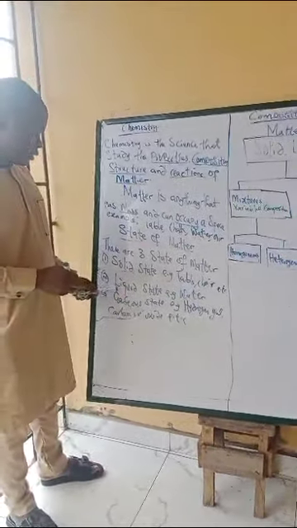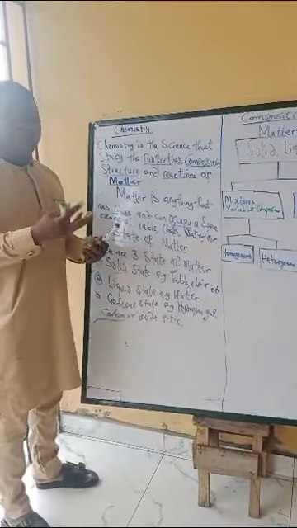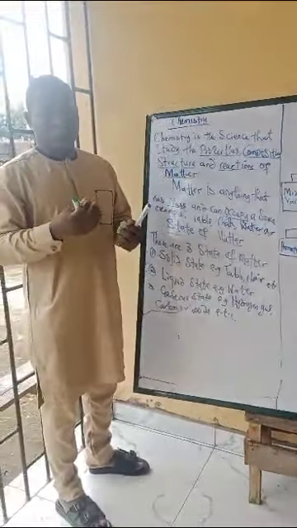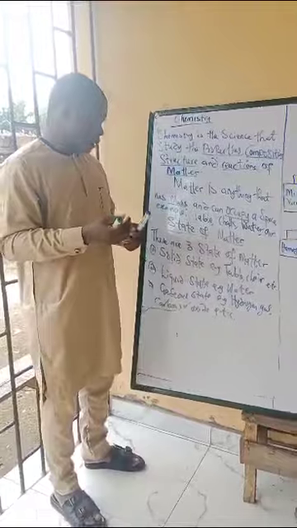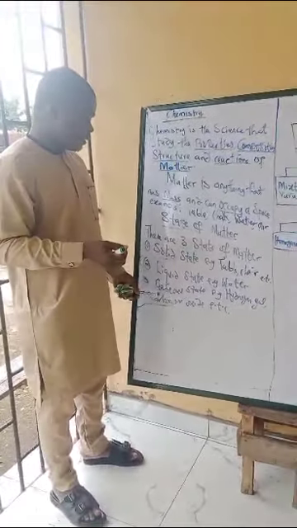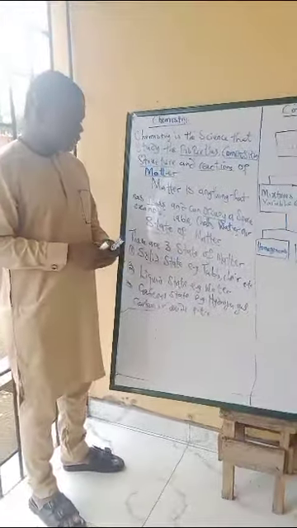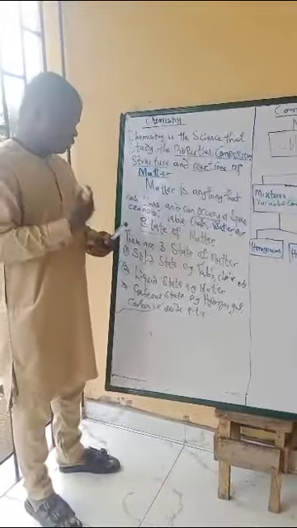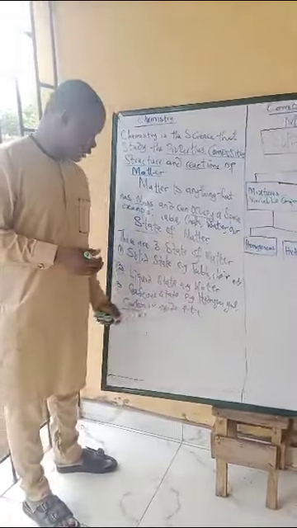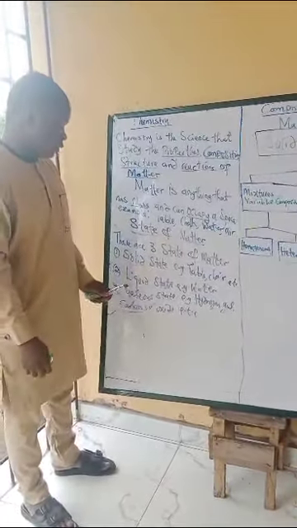We have the liquid state, which are things in liquid form. Example is water. Water is in liquid form. We call that the liquid state of matter. We also have the gaseous state of matter. For example, carbon dioxide, the oxygen we breathe, hydrogen gas, all these are examples of the gaseous state of matter.